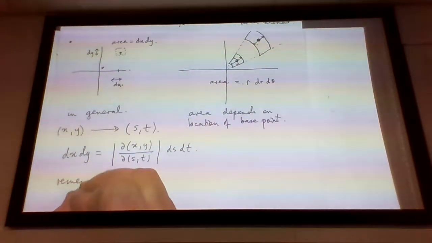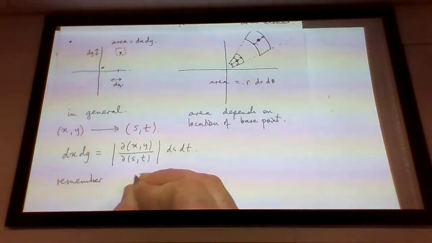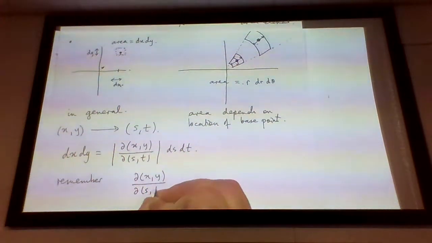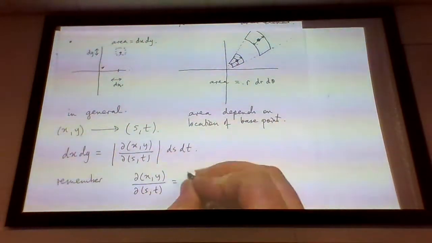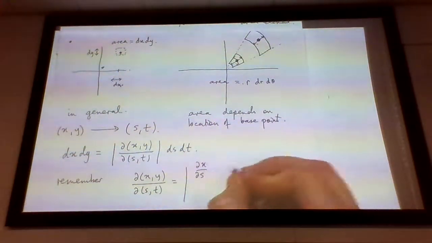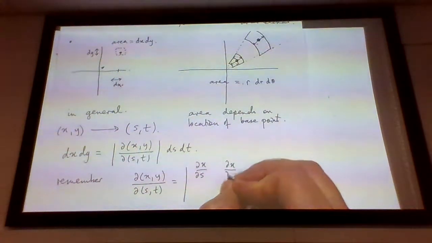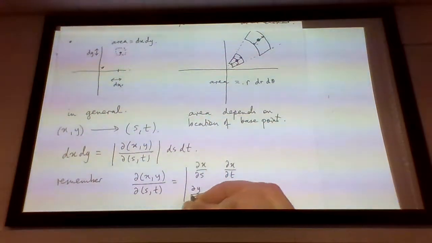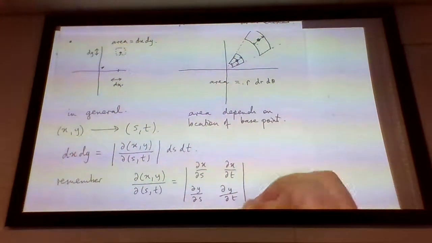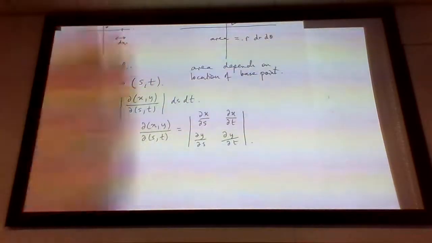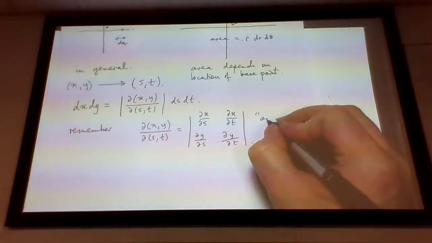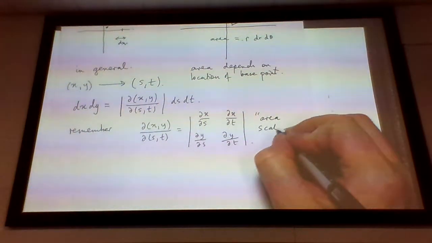And remember, the value of dx dy over ds dt is this determinant of the matrix of partial derivatives. Okay, so the Jacobian is an area scaling factor.